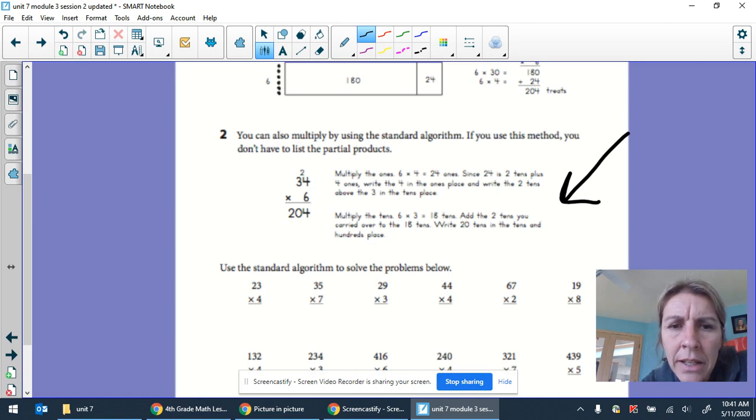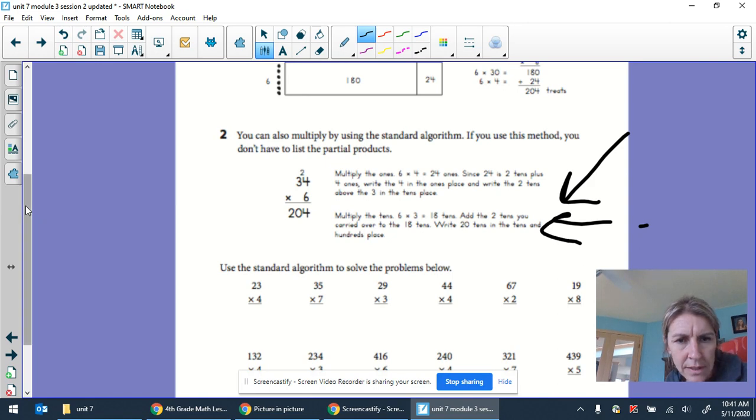So right here, you get 24. Remember the number you say last, the 4 goes here, the 2 goes over here, and then you multiply the 6 times 3, you get 18, and then you add this 2. So that would give you 20, which you just write down here. And the words that I'm saying are right here.